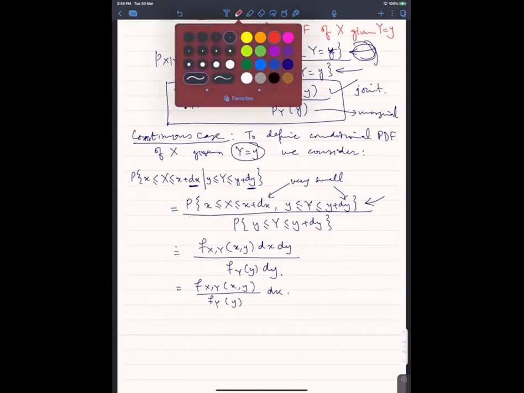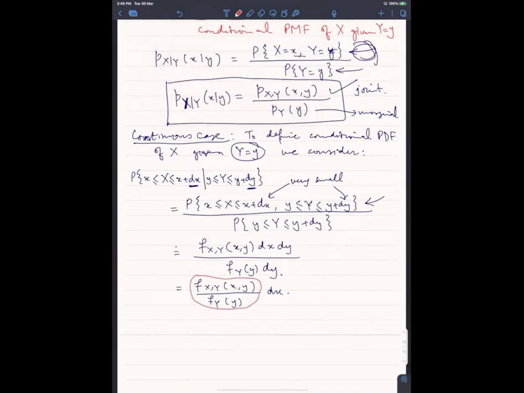Okay, and this guy here in the expression, we call this the conditional PDF of x given y is equal to y, and this is written as f of x given y into dx. So this is the probability that your x falls in a small region dx near x. This is given by this conditional density function.